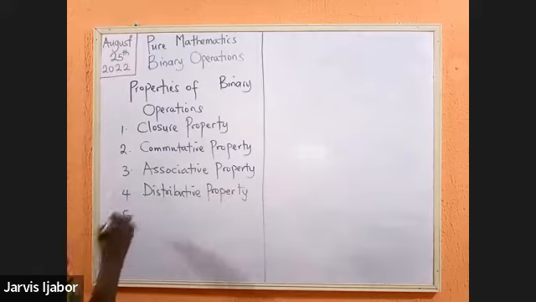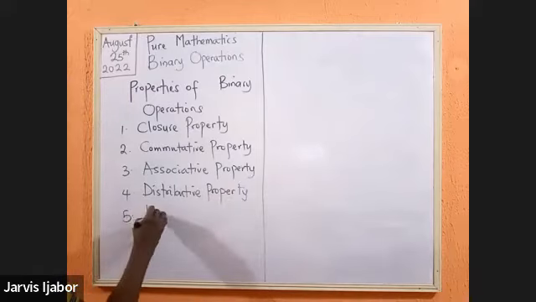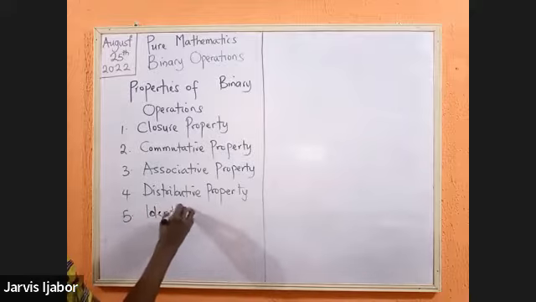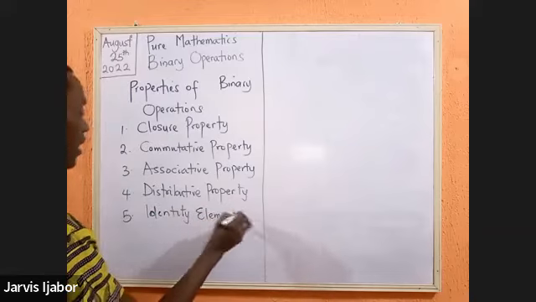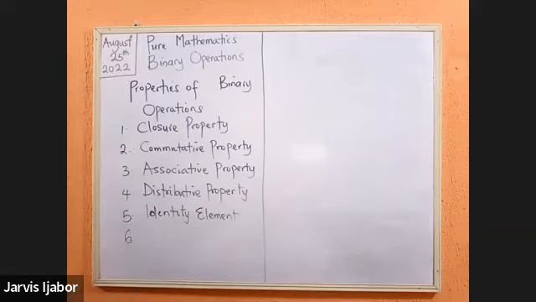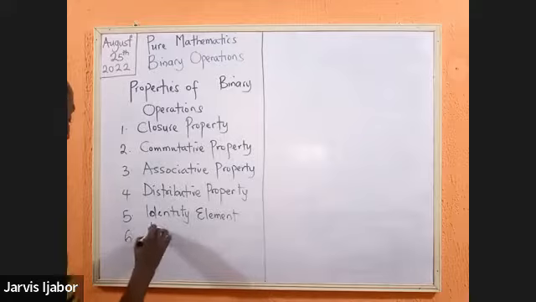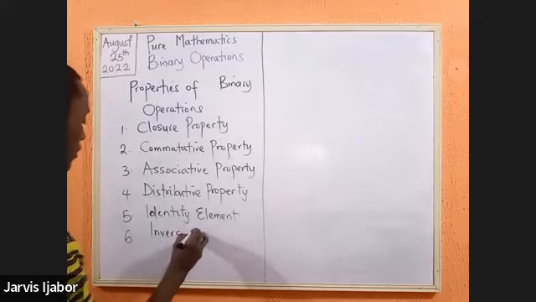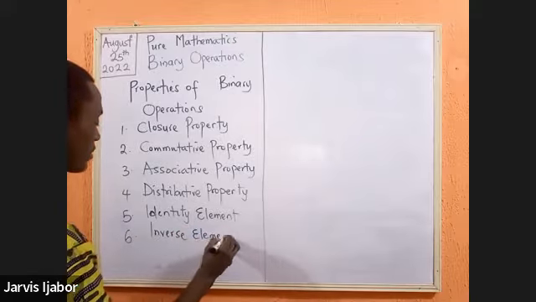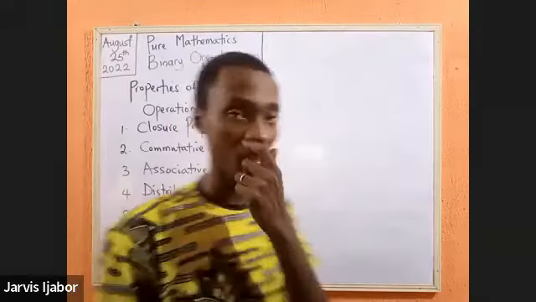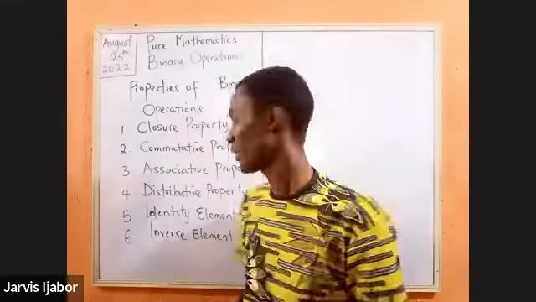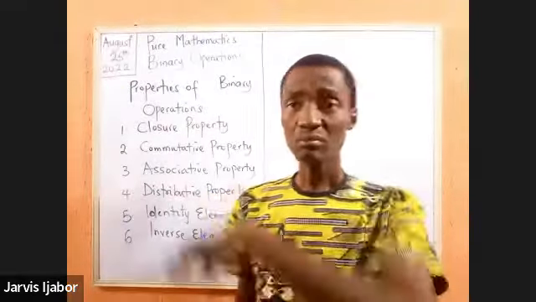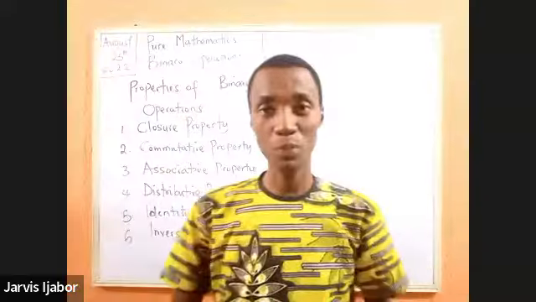Number five is the identity element. And finally, we have the inverse element. Sometimes you could say the inverse property or the identity property. Now, these essentially are the 6 properties.